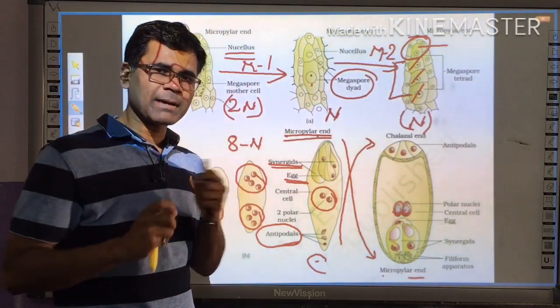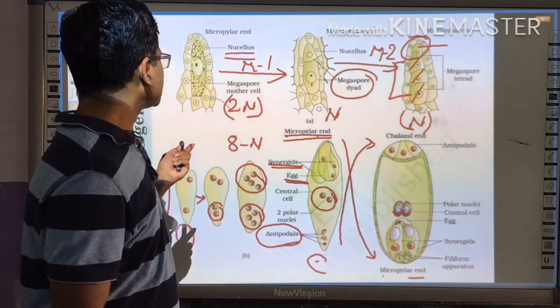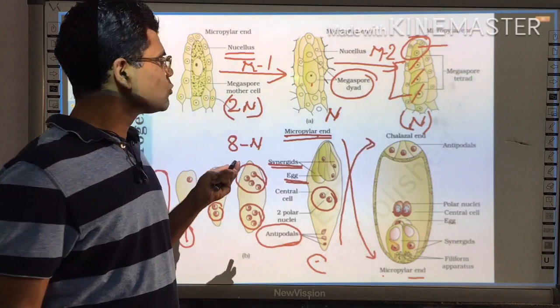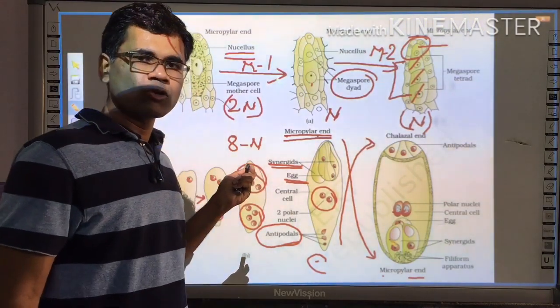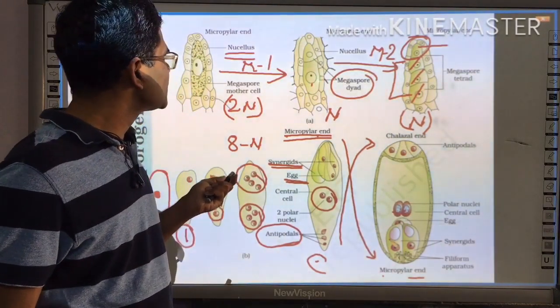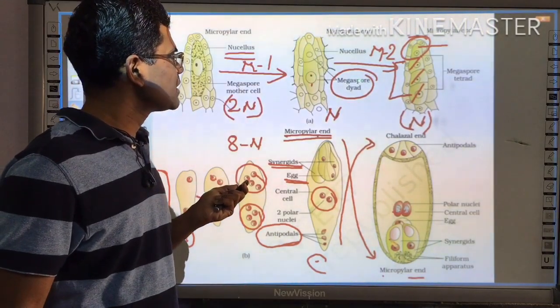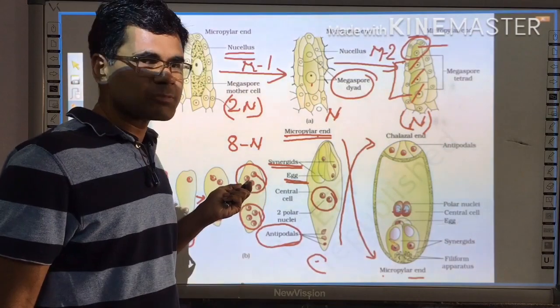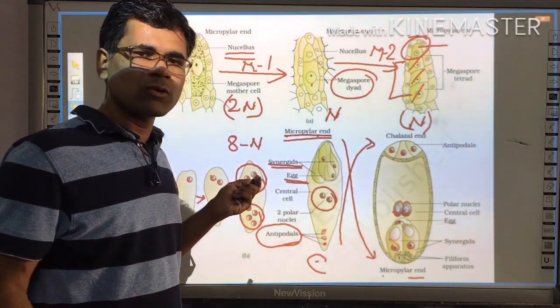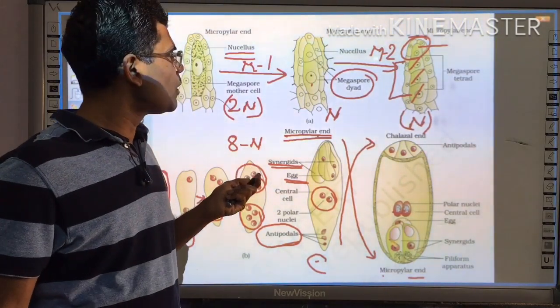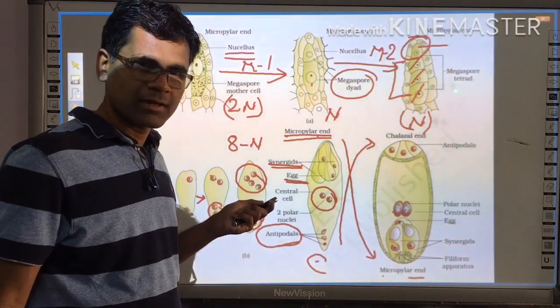Again, let me recap very fast. At the first stage, the megaspore mother cell undergoes reduction division to form a 2 cell stage. These 2 cells are haploid and are termed the megaspore dyad. This megaspore dyad again undergoes meiosis 2 to form the megaspore tetrad.